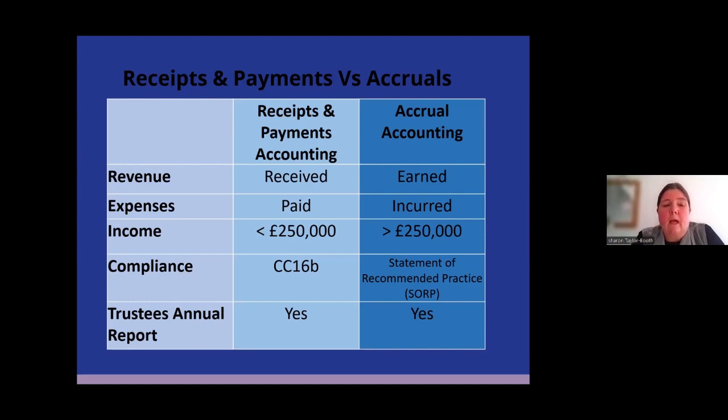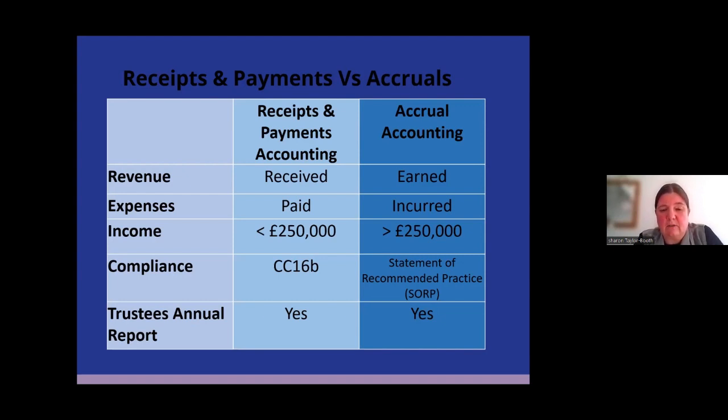Now, the preparation of receipts and payments accounts is based on when you receive your money and when you pay your money. You receive your cash today, you make your payment by check today.